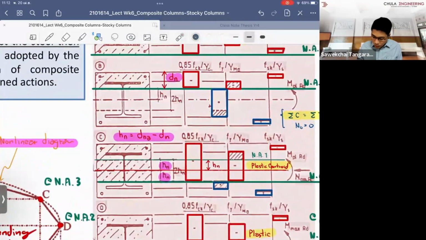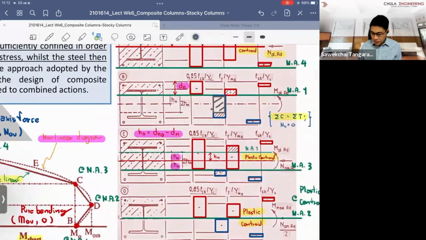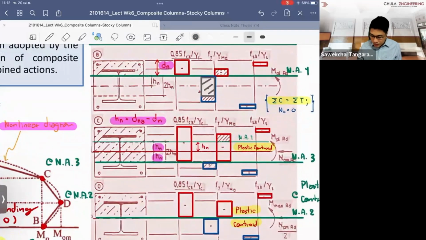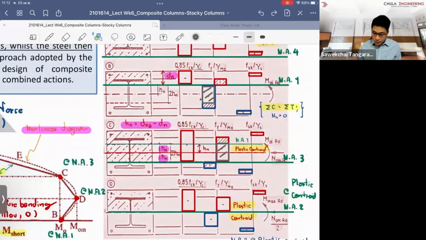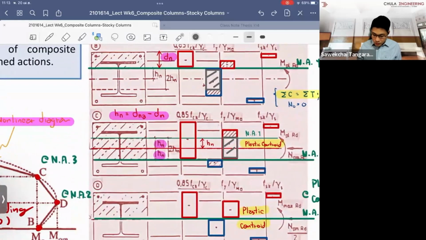If I look at the proportion of these areas, it will be similar to this proportion of areas. Did you compare these 2 diagrams? What you find is that the thing that is different between these 2 is that you have another proportion of area here.